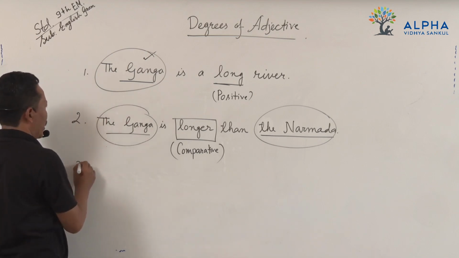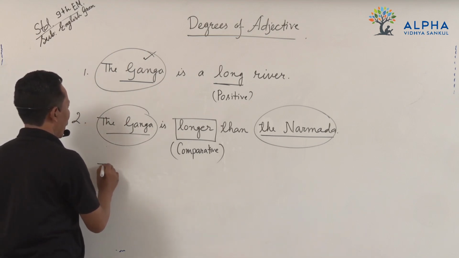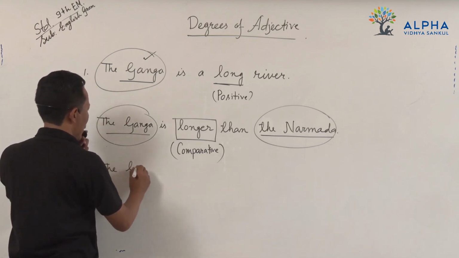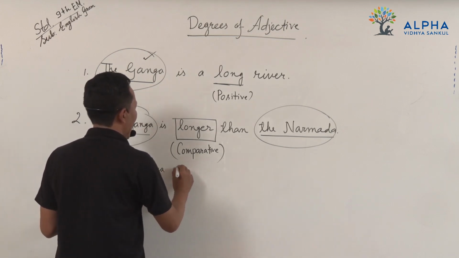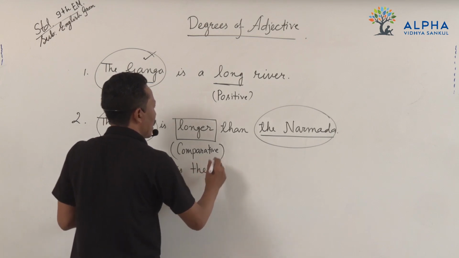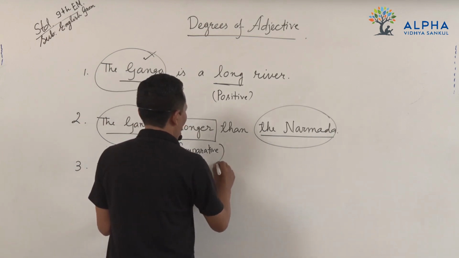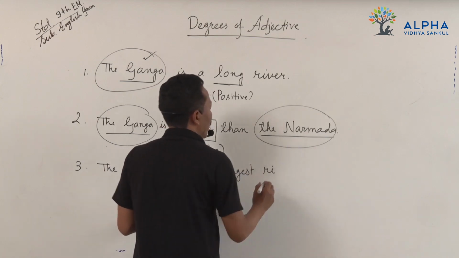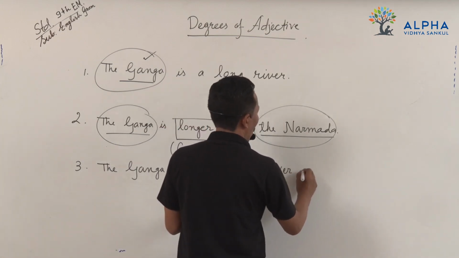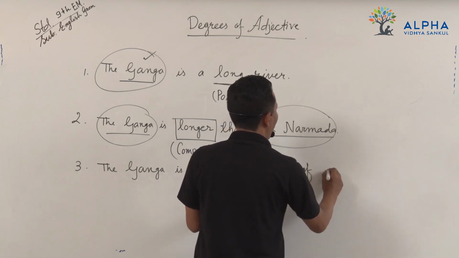The third one: the Ganga is the longest river of India.